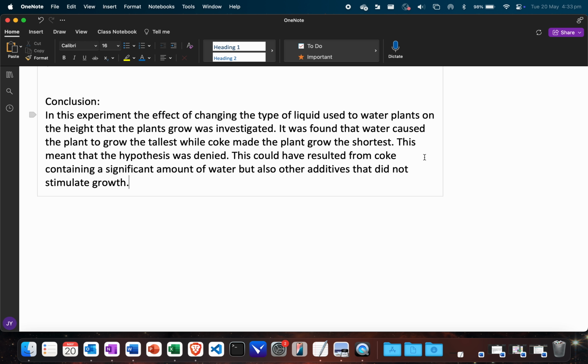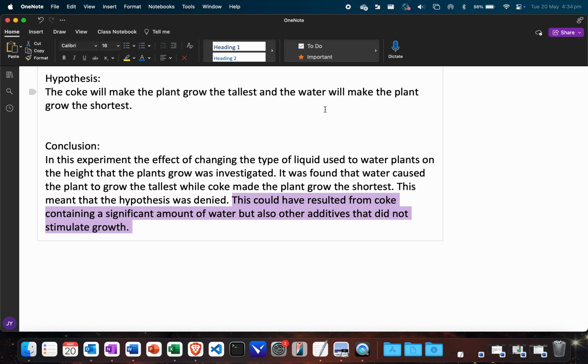Right? In other words, that's a fancy sentence. What am I saying there? I'm kind of giving a reason for my observed trend. And where did I find that reason? Well, I find that reason from looking at research.